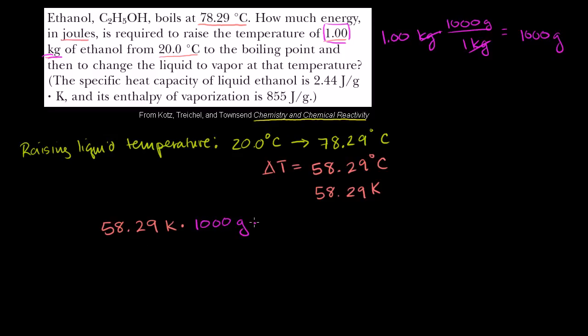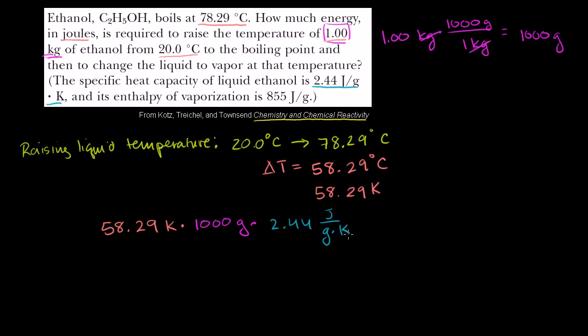And then we just multiply this by the specific heat capacity of ethanol right here, 2.44 joules per gram Kelvin. You see that the units work out.